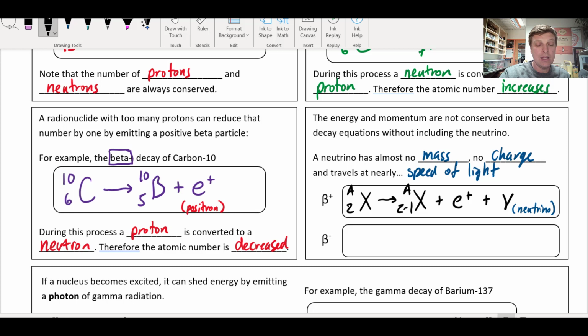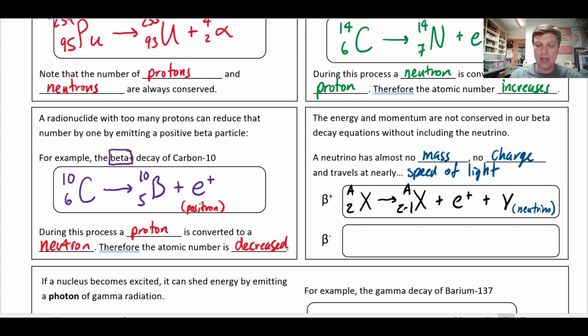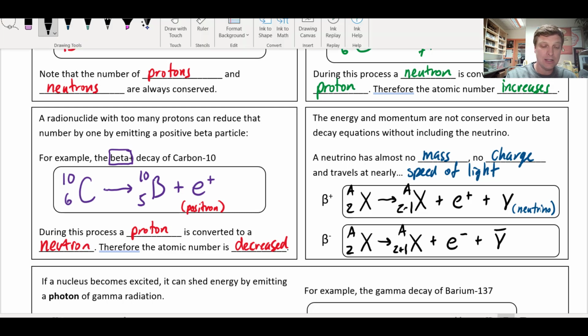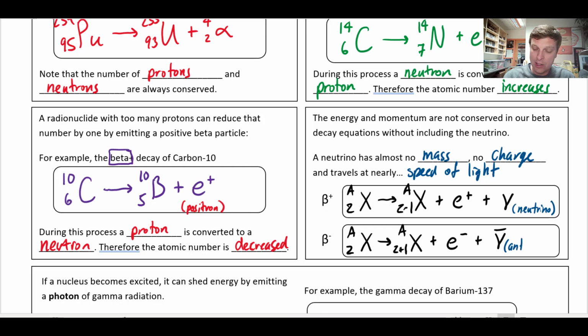The flip side of that is my beta minus decay, where I'm going to start with a parent nucleus, and I'm going to create a daughter nucleus that has the same mass number but one more atomic number, because remember, I'm creating a proton, if you will. It's going to emit an electron, a beta minus particle, and it is going to emit a neutrino, but this neutrino is an antineutrino, which is, you guessed it, just like a neutrino, but the opposite in some ways.